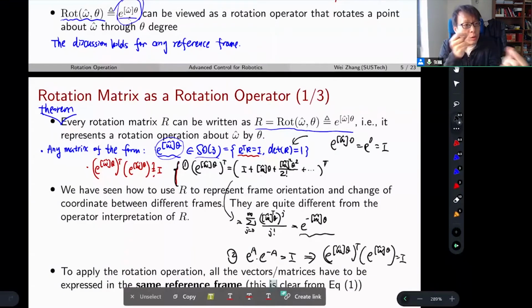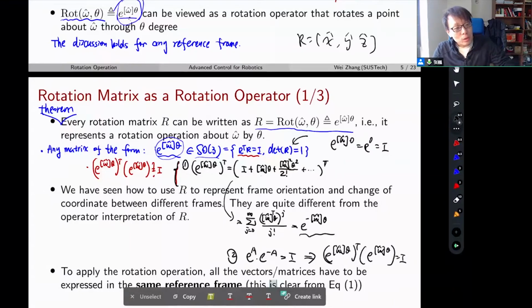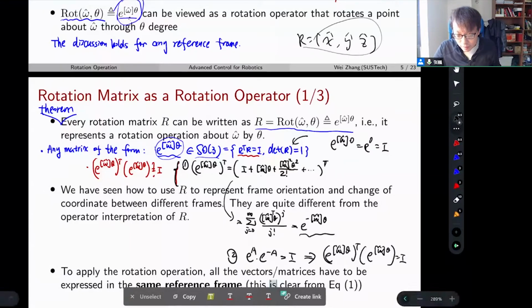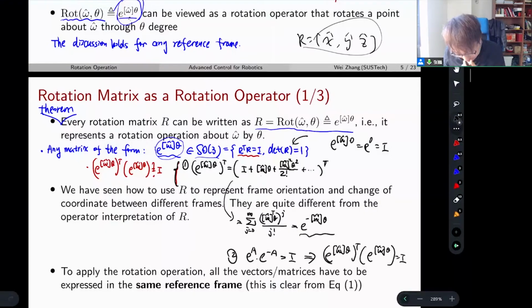There's this equivalent definition, but we start from a rotation matrix definition like this: x hat, y hat, z hat. That's our definition. We have to close the loop. This definition is in SO3 and the definition here is also in SO3. These two are equivalent definitions. Any questions?